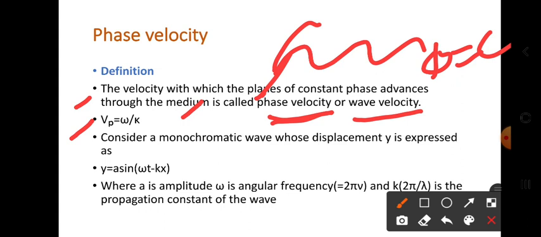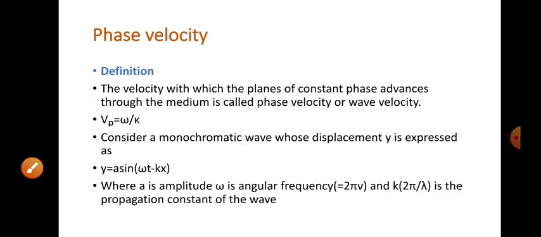Now consider a monochromatic wave. Not only constant phase, it must be a monochromatic wave. Then only the velocity of that wave we call wave velocity or phase velocity.